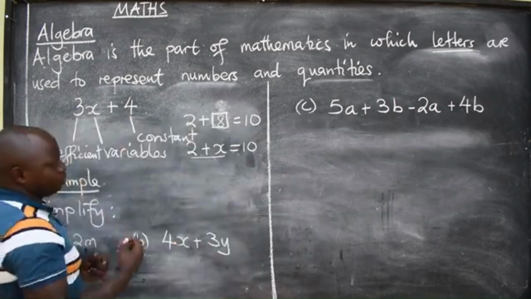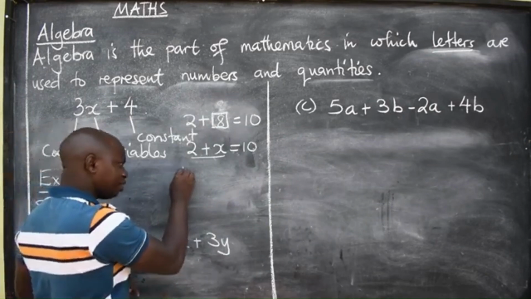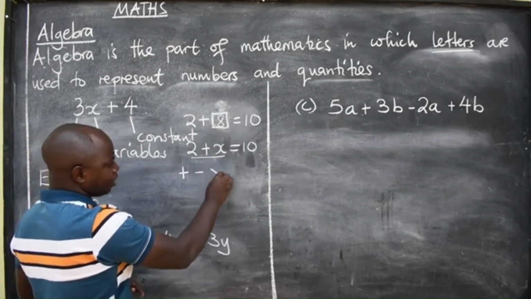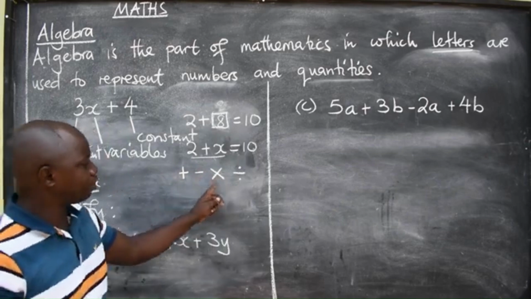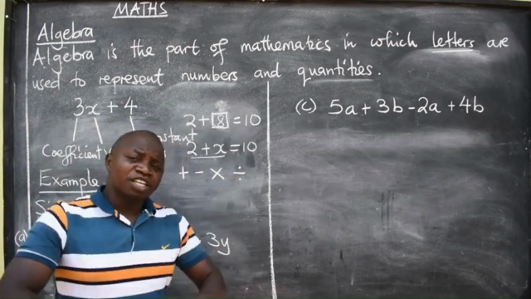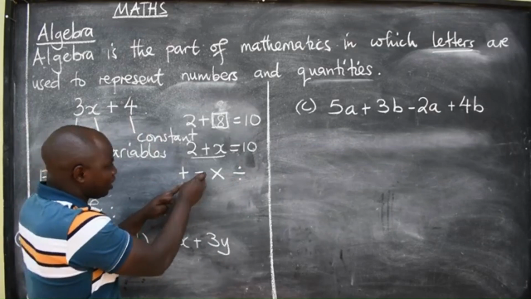What are these rules? Well, the rules bear on 4 operations: plus, minus, multiplication, and division. Now the rules for addition and subtraction are the same.